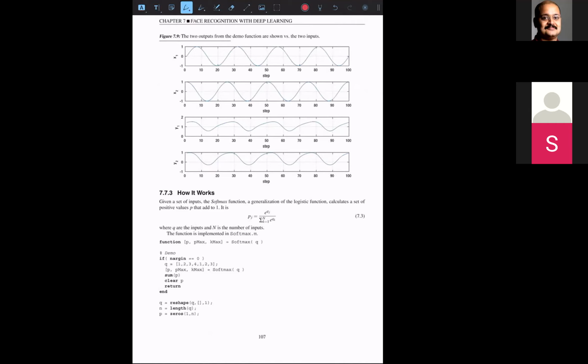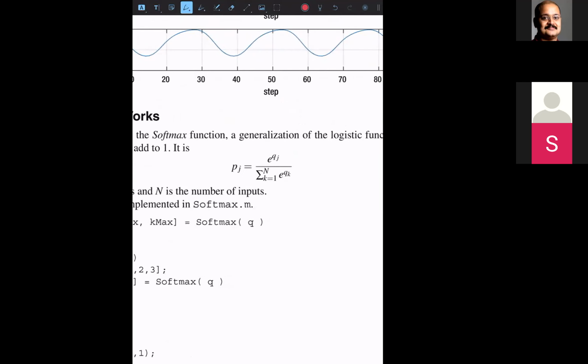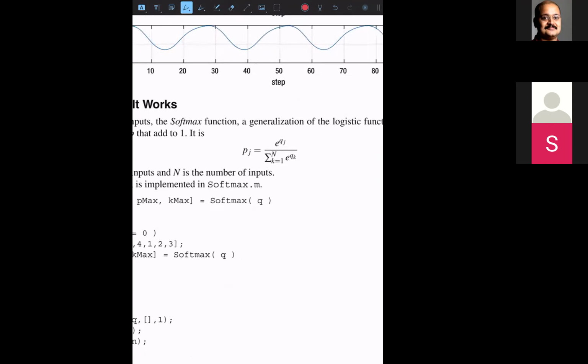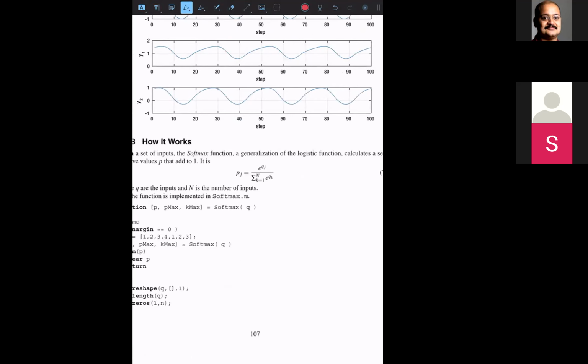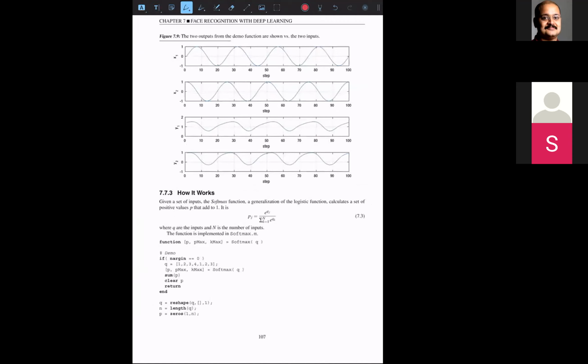Now, what is this softmax function? The softmax function, if you think about it, is a ratio. It is basically your output divided by all the possible outputs. That is nothing but a generalization of the logistic function, and it's normalized so that all the probabilities add up to 1.